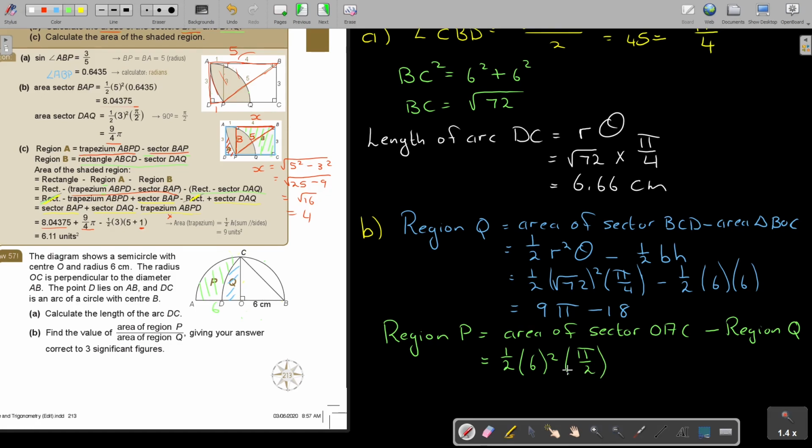Minus, okay. I just want to show you quickly this one. You could have also said it's a quarter of a circle. Now, what is the area of a circle? The area of a circle is pi r squared, so a quarter is just divided by 4. So it's pi, what is the radius? 6 squared divided by 4.